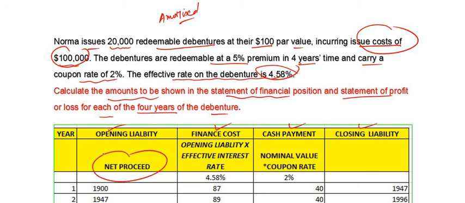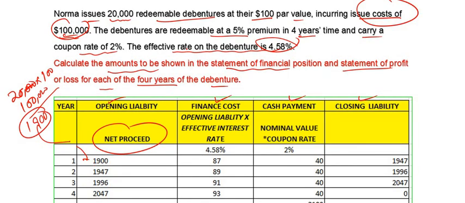This net proceed will be like this: 20,000 multiplied with 100 as the par value, and you have to deduct this amount, and you will get 1,900. Okay, we'll just remove this 300 for simplicity, and this is the net proceed.